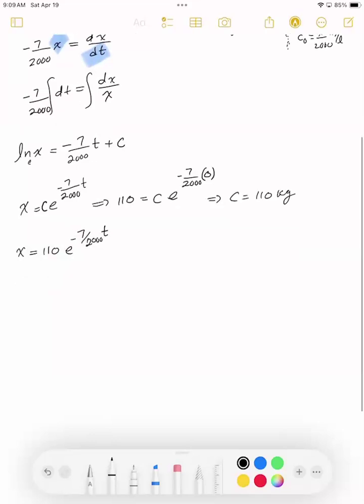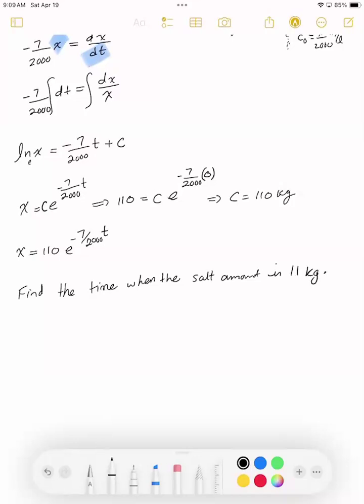So now we want to find the time when the amount of salt is 11 kilograms. So I'm just going to substitute 11 for x and solve for t.